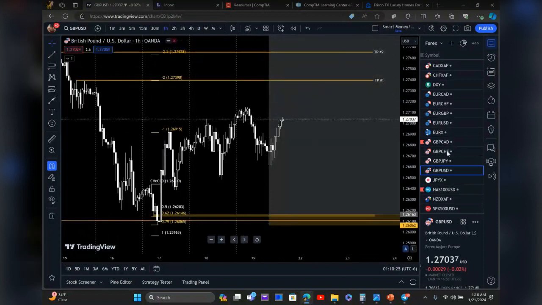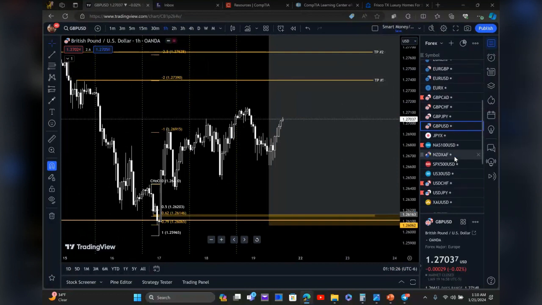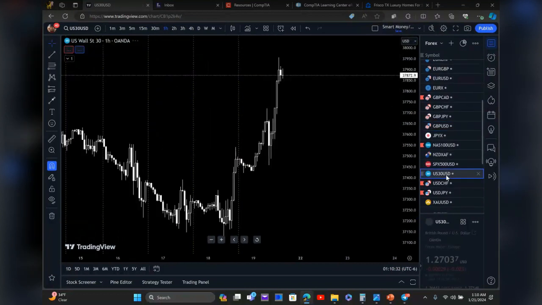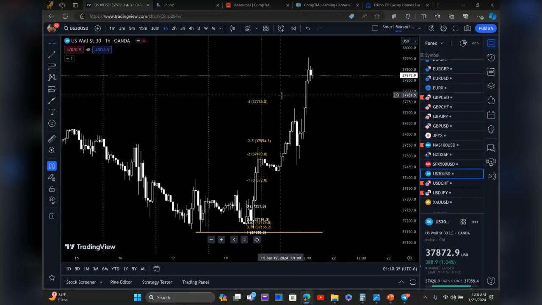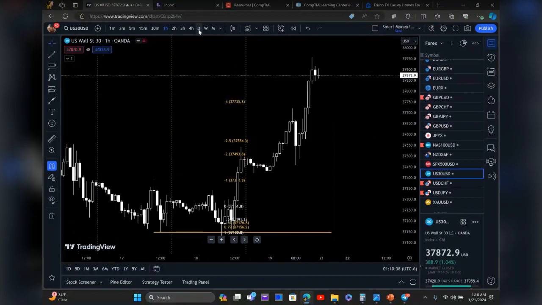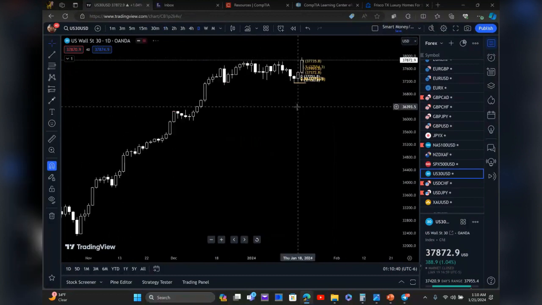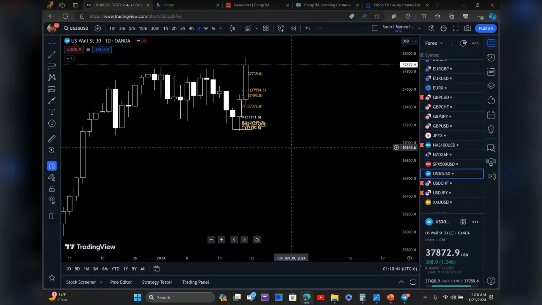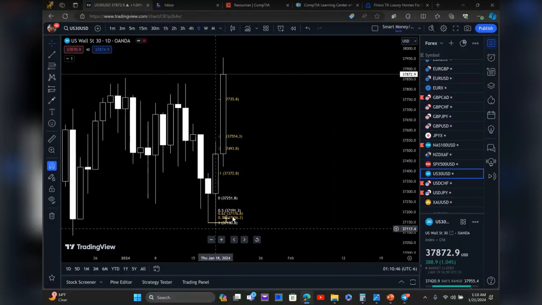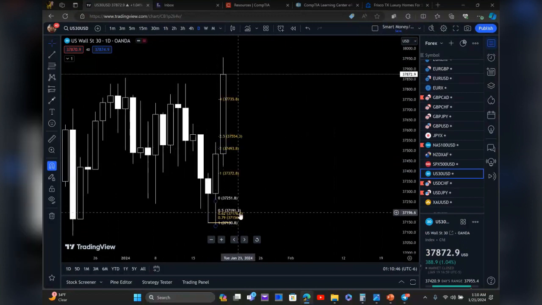So this is GU. We're not going to look at a whole bunch of pairs. Let's look at US 30 on the daily. Check this out. Look at what happened. See how we got our liquidity grab? I want to show y'all how this works. Watch, hold on.